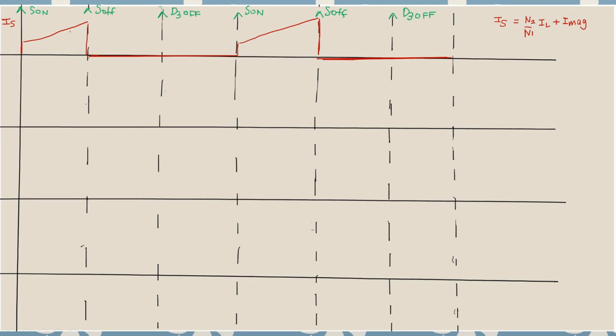So let's change the pen color. Now I use blue. If I draw a dotted line, this difference here and here is the Imax.